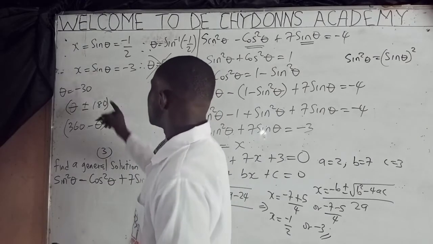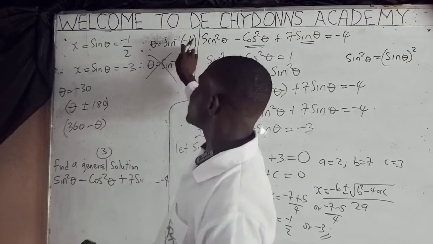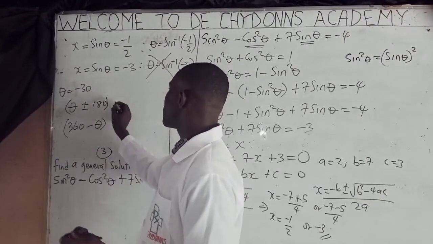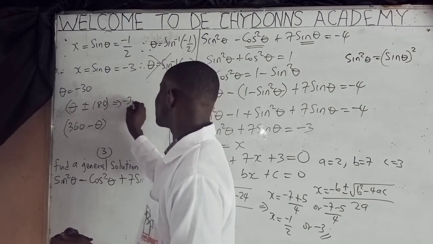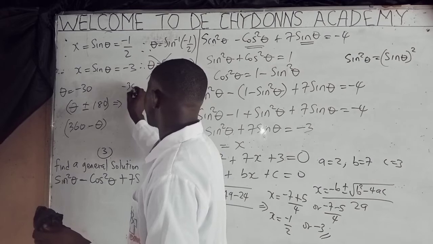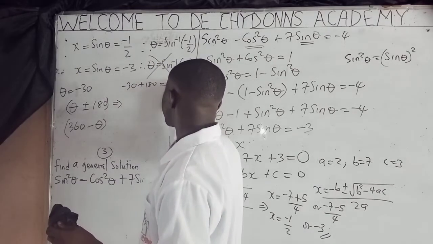So we have gotten the first value to be minus 30 from sine inverse of this. Then if you put minus 30 here, it will be giving you minus 30 plus 180, that will be giving me 150.